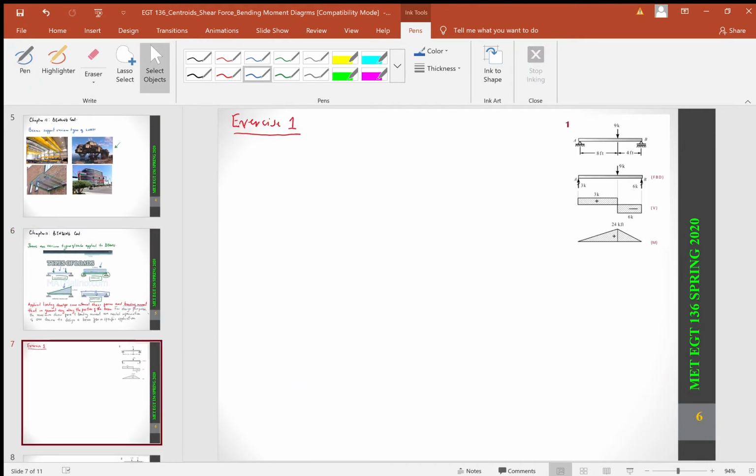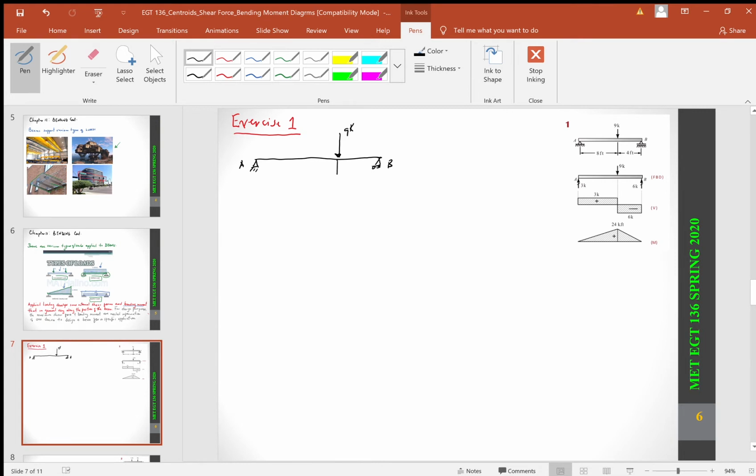Okay, so let's look at an example. We have this example here whereby we have a beam at A and at B, right? And we have a pointed load of 9 kips.